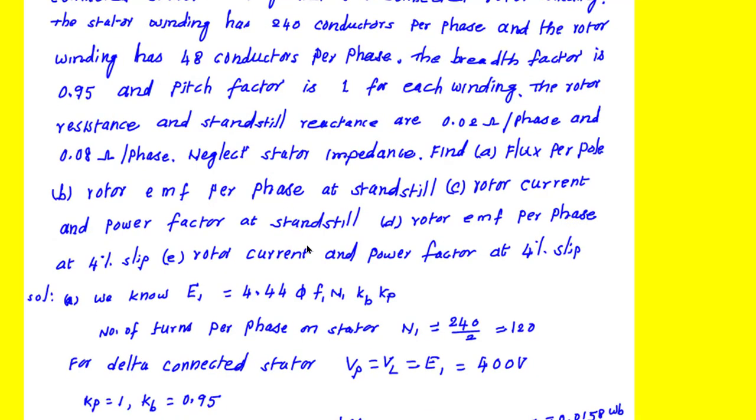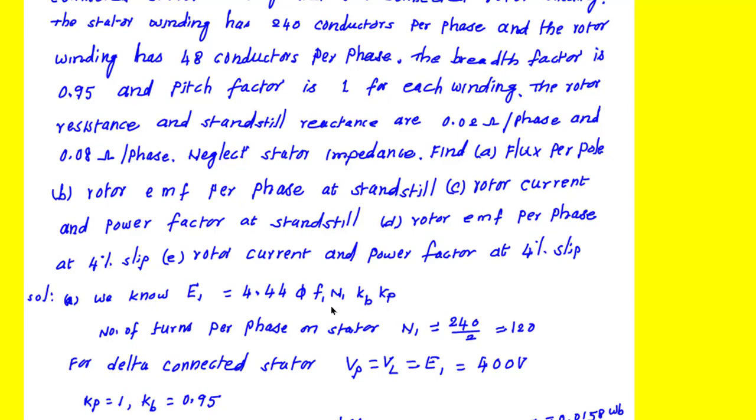So let us go to the first problem, that is flux per pole. To get the flux per pole, we should know the induced EMF formula for the stator per phase. That is given by E1 is equal to 4.445 into F1, or simply F into N1 into KB into KP into phi.